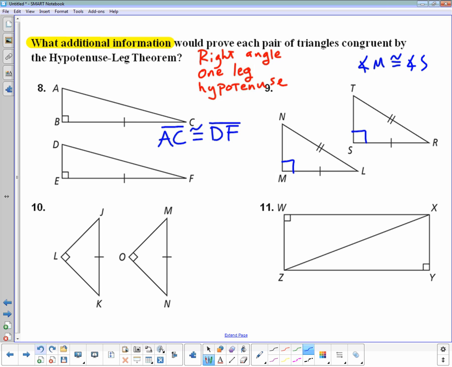What about 10? Okay, so Edwin, hi. How you doing? Good. What should be congruent in order to be hypotenuse leg? Give me something. Okay. LK congruent to who?